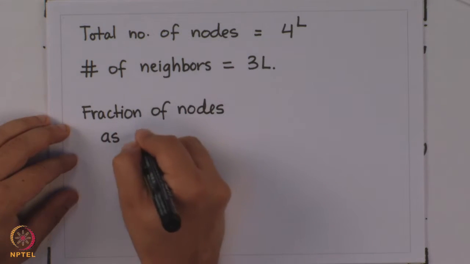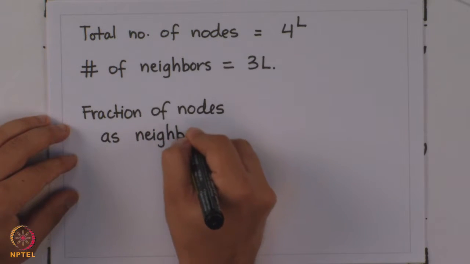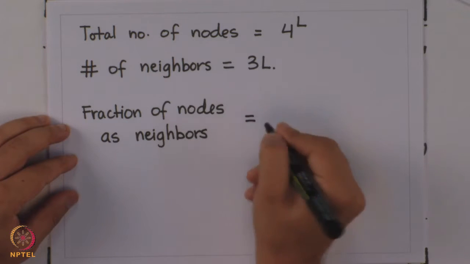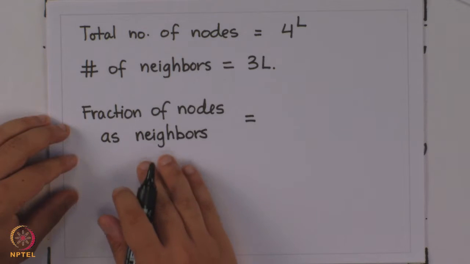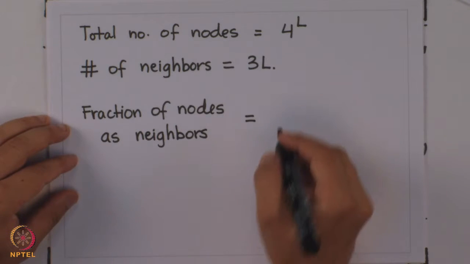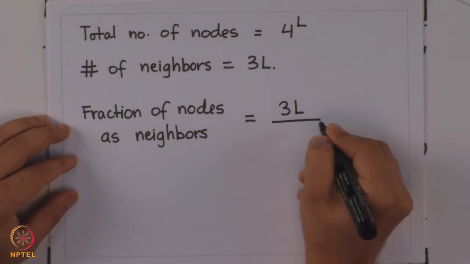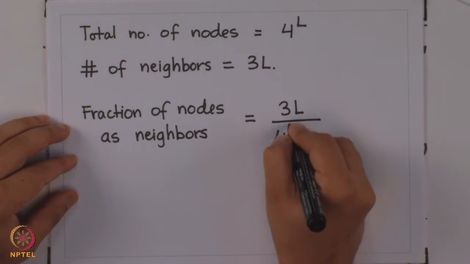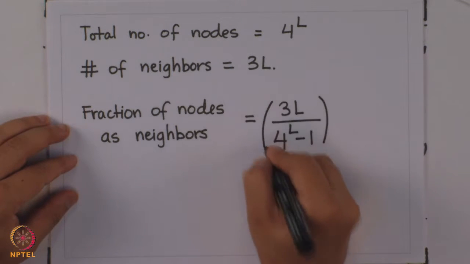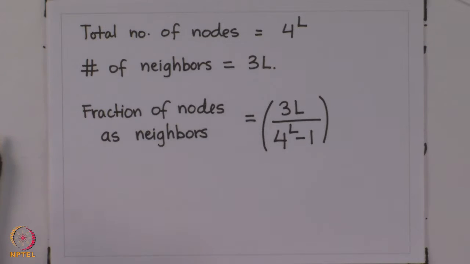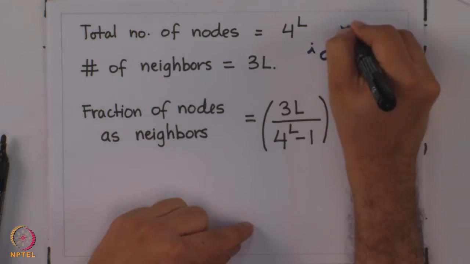So of all the nodes that exist in this graph, what fraction of nodes are neighbors of any particular node I?